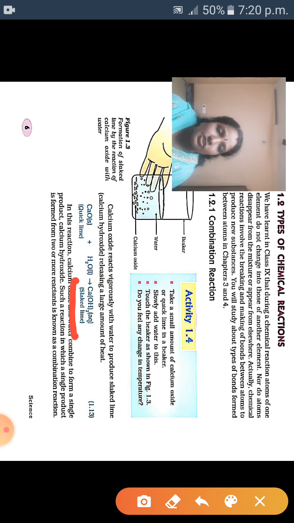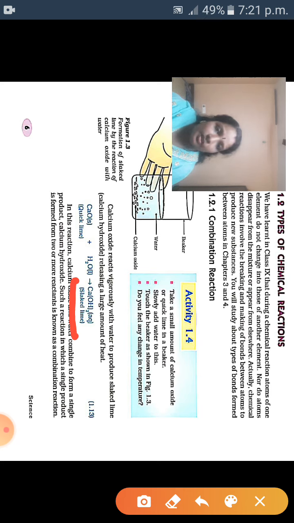So when you touch the beaker, we can feel it is hot because its temperature increases. It releases some heat. So this type of reaction is known as an exothermic process.